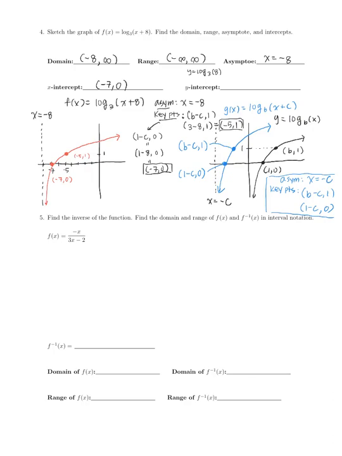It only has natural log and log base 10. So what you need to do to get an approximate value for y, you need to use the change of base formula. I don't know if you remember this or not. So this is the same thing as log base 10 of 8 over log base 10 of 3.